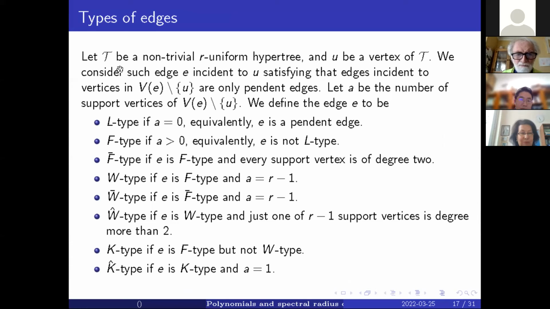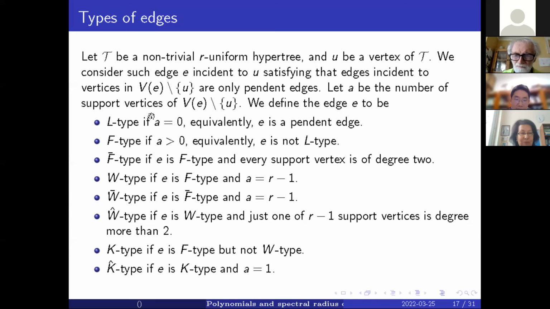Let T be a non-trivial r-uniform hypertree, and U be a vertex of hypertree T. We consider such edge E incident to U, satisfying that the edges incident to vertices other than U are only pendant edges.